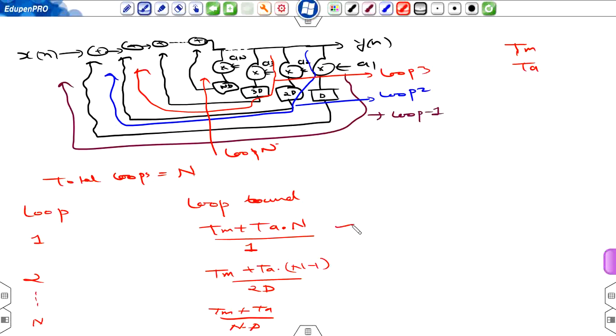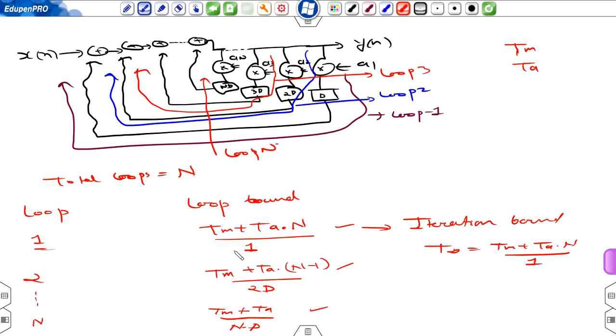Comparing the loop bounds, it is evident that loop 1 has the maximum loop bound, so this is the iteration bound. So the iteration bound is Tm plus Ta times n, divided by 1.